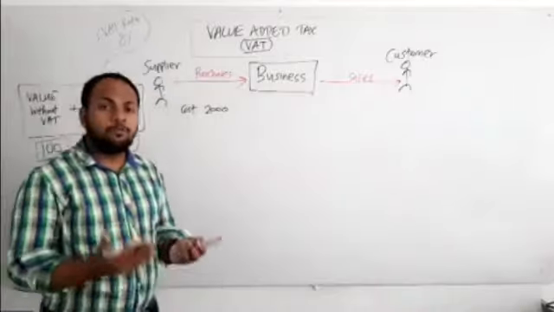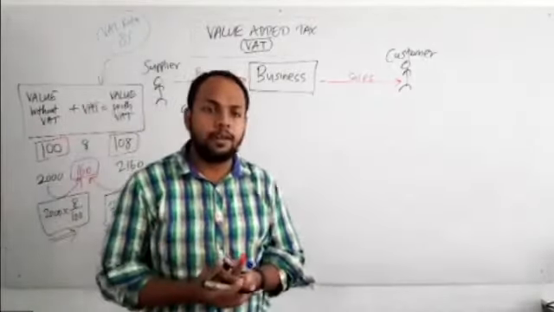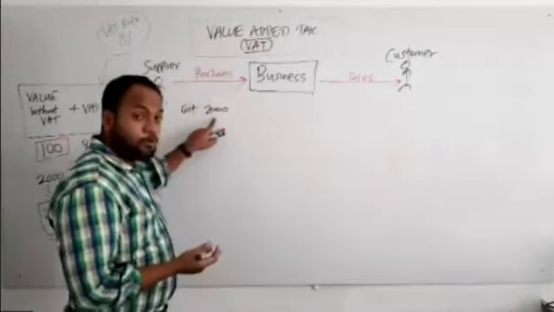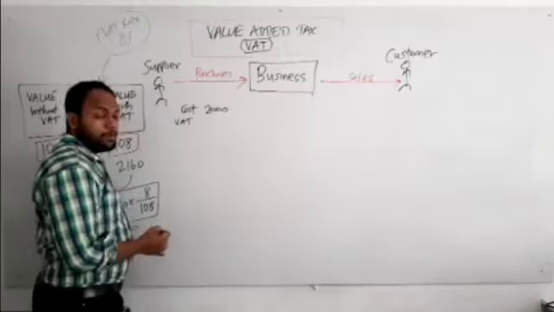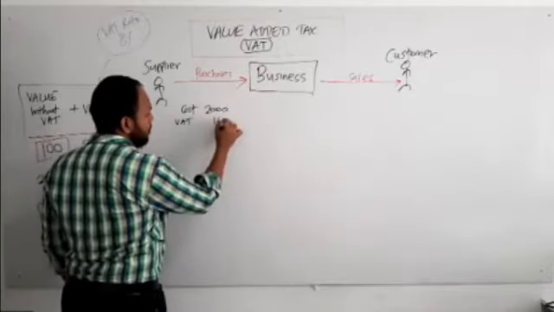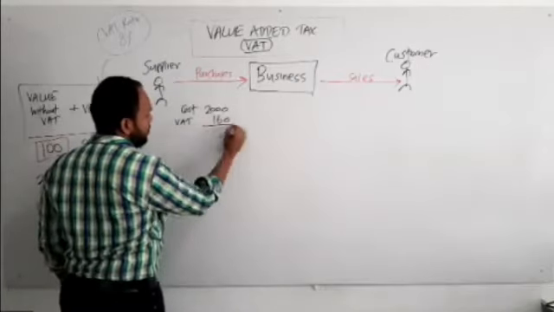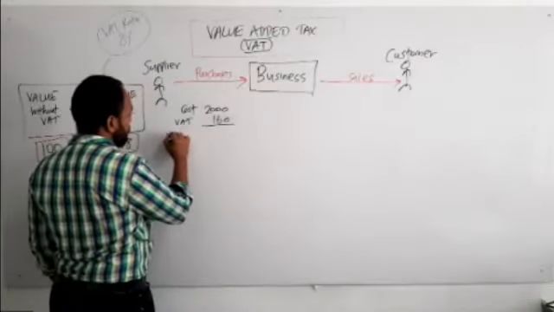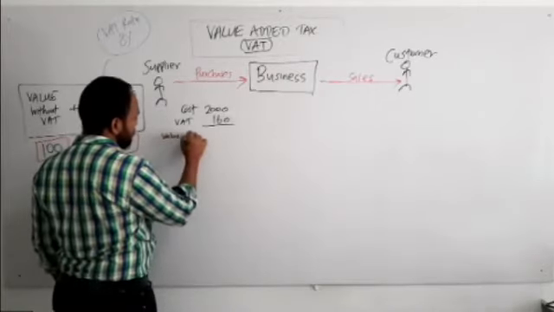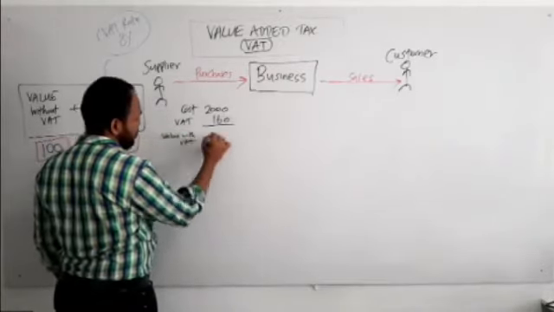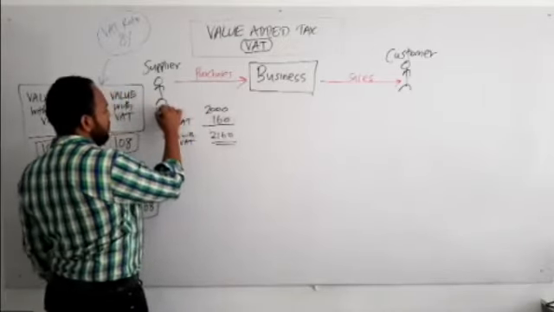The cost of the goods we are purchasing without VAT is 2000. Then if we add VAT at 8%, this becomes 160. So the value with VAT is 2160.